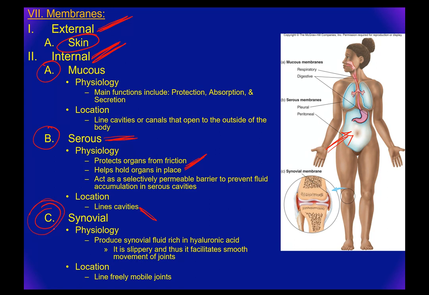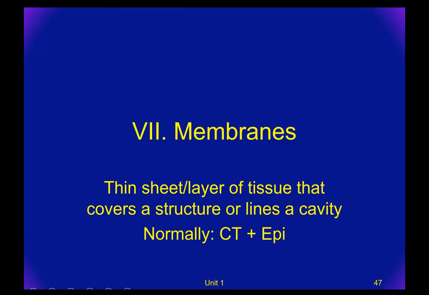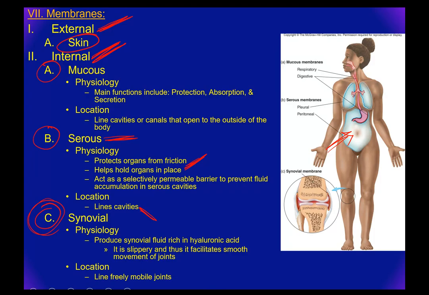Synovial. So synovial should become synonymous with your knee. It's joints, okay? They produce a fluid called synovial fluid. It's rich in the hyaluronic acid that we talked about before, the one that acts as a lubricant, and it facilitates the smooth movement of our joints.